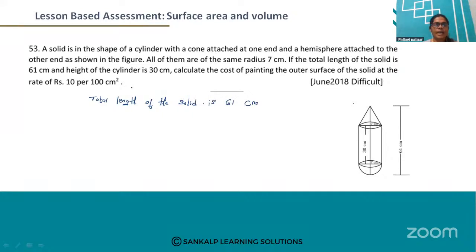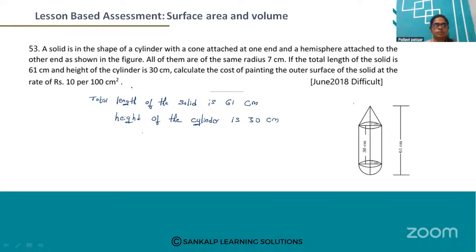The height of the cylinder is also given, it is 30 centimeter. So here the radius of the hemisphere is equal to its height. In a hemisphere, the radius of the hemisphere is equal to the height of the hemisphere.